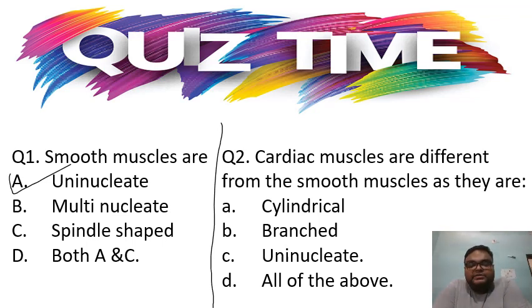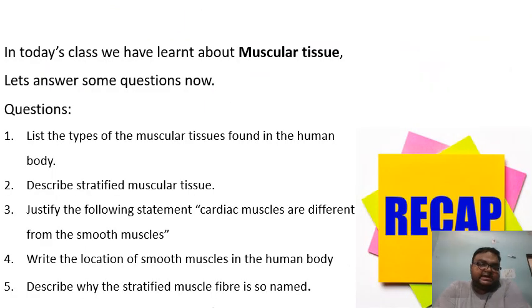Cardiac muscle is cylindrical and also branched. Smooth muscles are spindle shaped and do not have any branches. Both cardiac muscles and smooth muscles are uninucleate. So that is the correct answer.